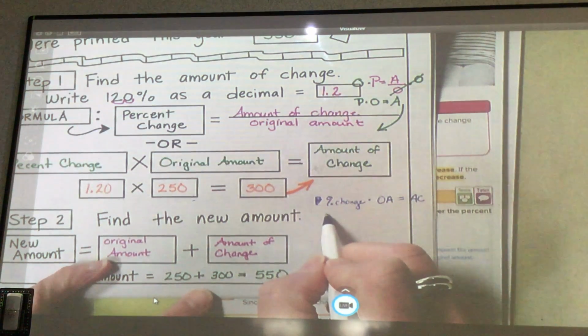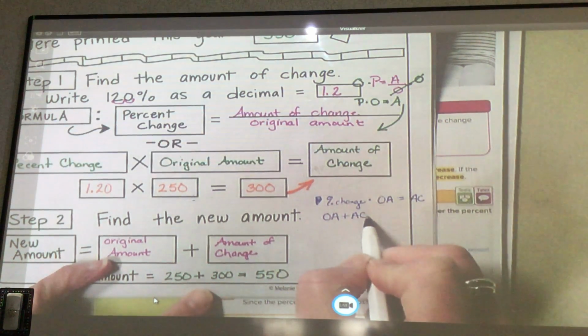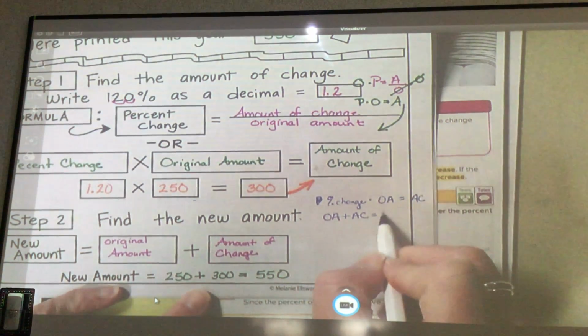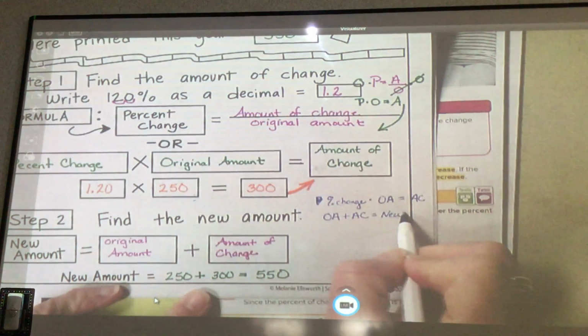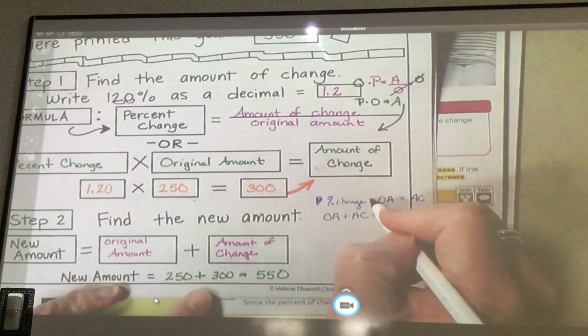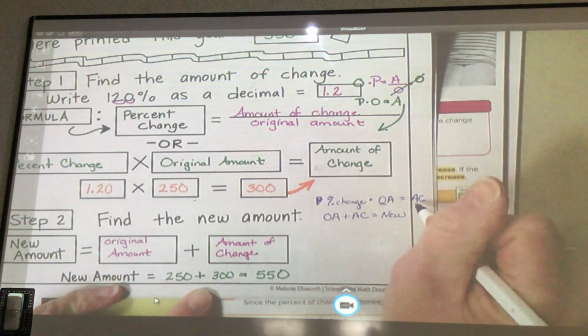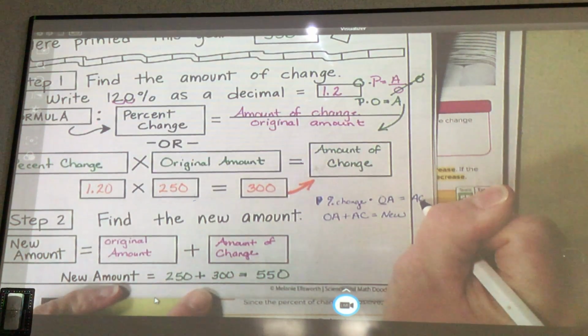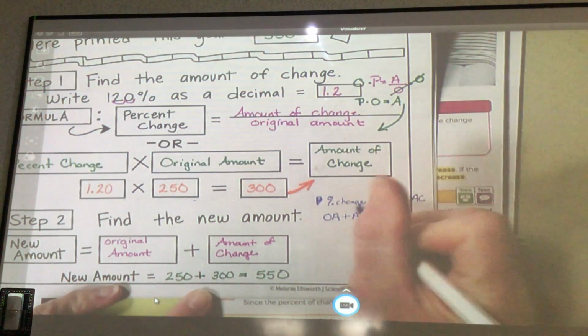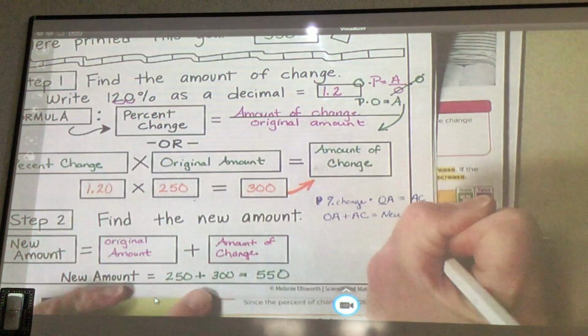Then I'm going to say original amount plus amount of change equals new. So here you're really only doing two steps. You're taking the percent change times the original amount equals the amount of change. So then the original amount plus the amount of change equals your new cost.